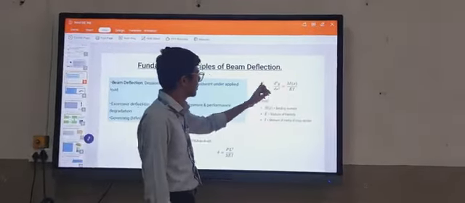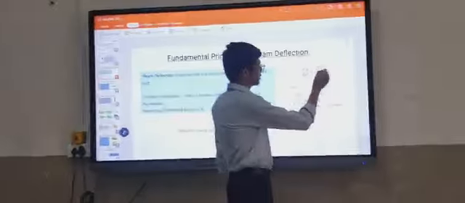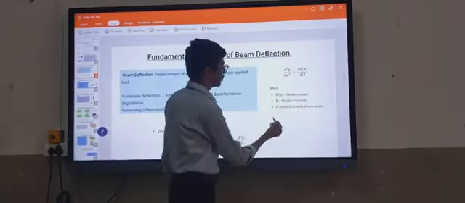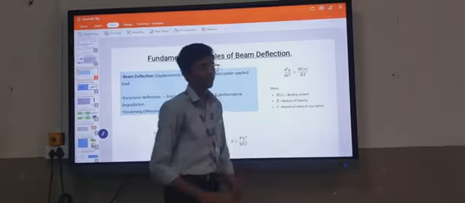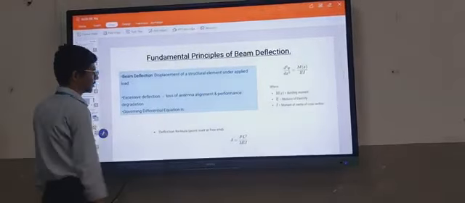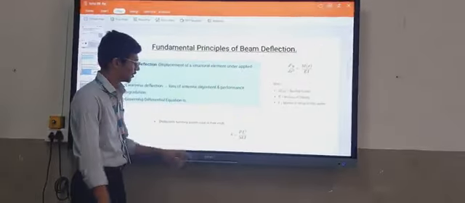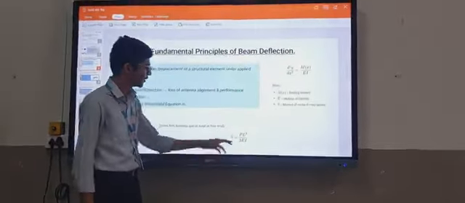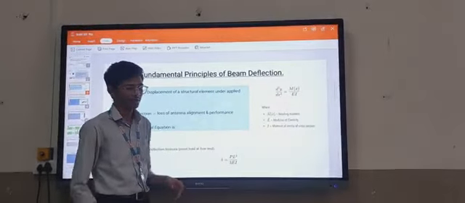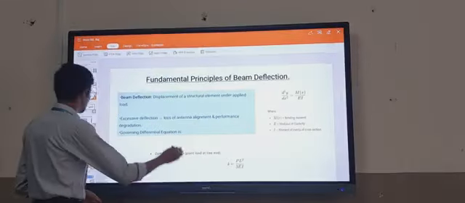Then here are the formulas: E I d squared y by dx squared equals M x. Here Mx is the bending moment, E is the modulus of elasticity, and I is the moment of inertia. Here is the deflection formula for a point load: delta equals P L cubed by 3 E I. E is the modulus of elasticity, I is the moment of inertia, and L is the length.